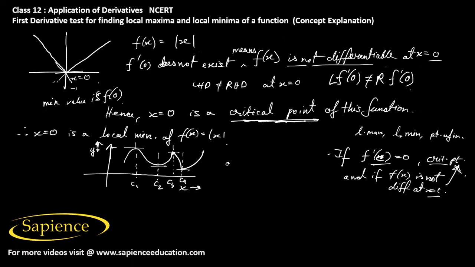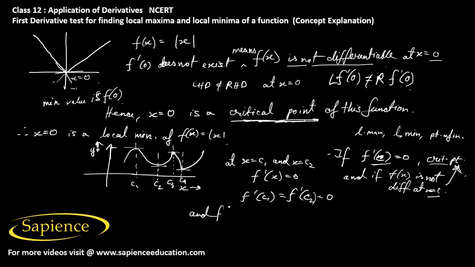Since at x equal to C1 and at x equal to C2, f dash x is equal to 0, it means f dash C1 is equal to f dash C2, which is equal to 0. And for the graph of y equal to f of x, the function is not differentiable at x equal to C3 and C4.